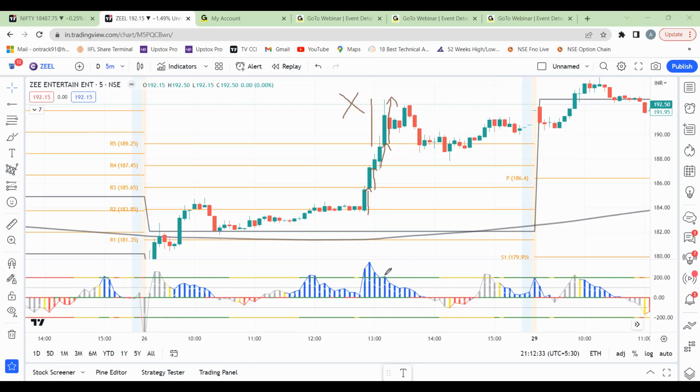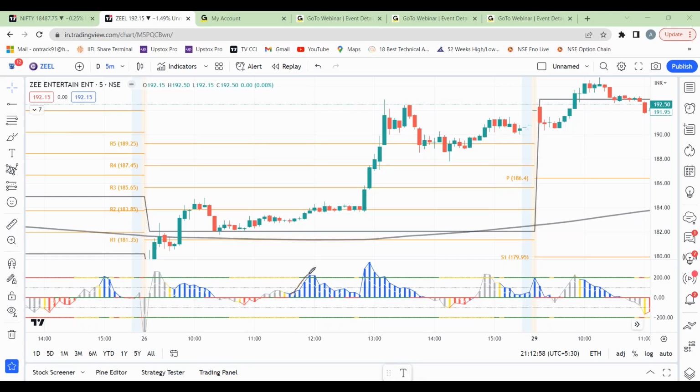Now coming to the Woodies indicator. When the stock moves above 200 and then starts sloping down, coming below 200, this is a point of profit booking. So there's a difference.